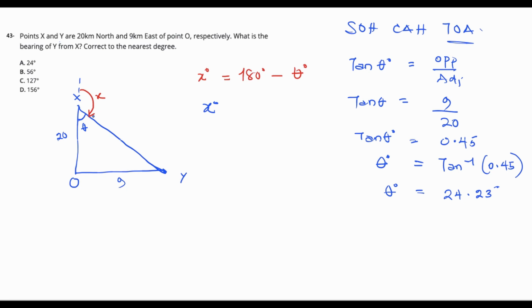Now we have to compute our x degrees. So x degrees is equal to 180 degrees minus 24.23, and this is equal to 155.77 degrees. So x degrees is equal to 156 degrees. So our answer for this question is D.